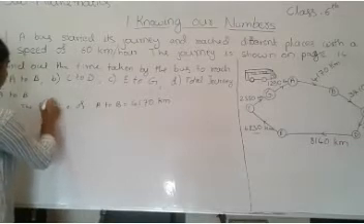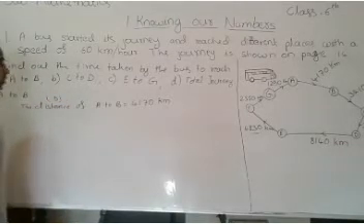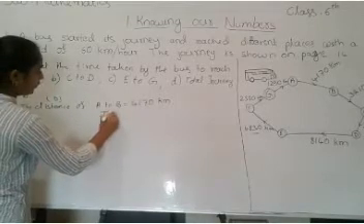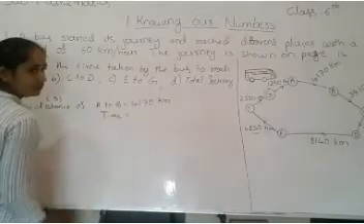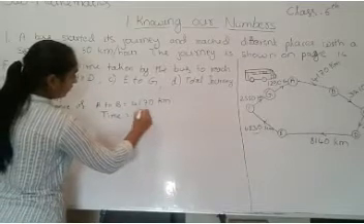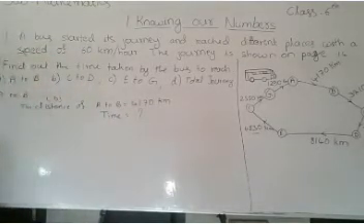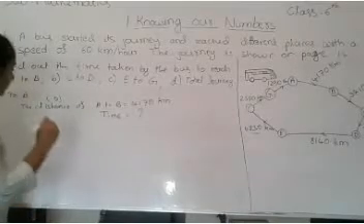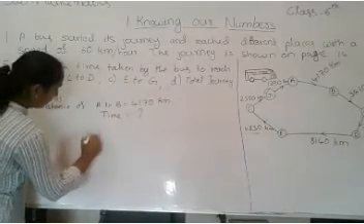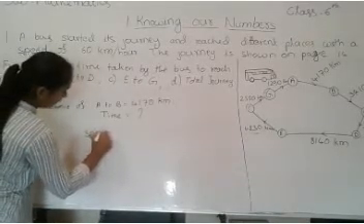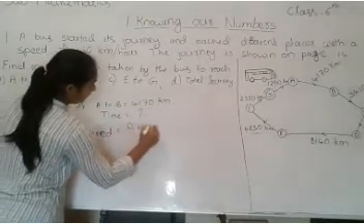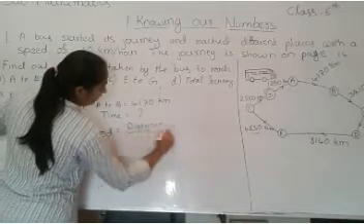The distance means D. Then time, we have to find out the time now. Yes, we have one formula. See here: speed equals distance by time.